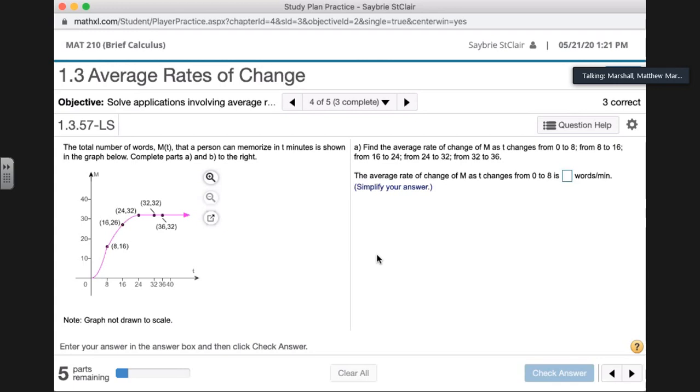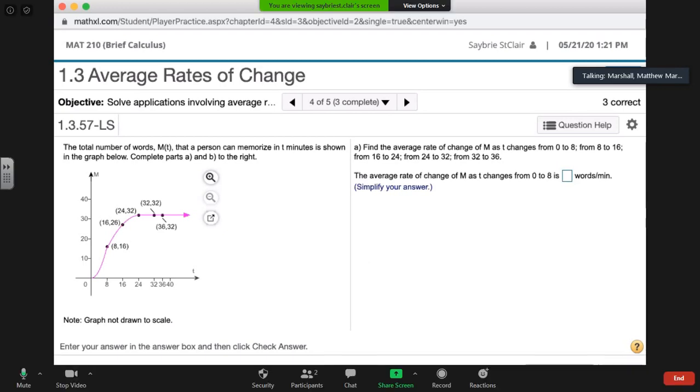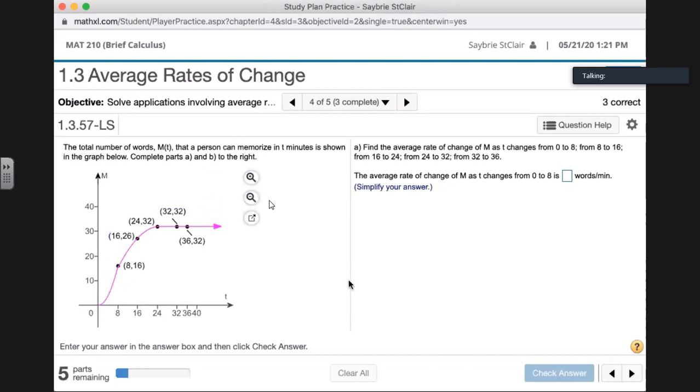And then the point 8 is 8, 16. Wait a minute. Can you zoom in on that graph a little bit there? All right. Yeah, that would be 0, 0.